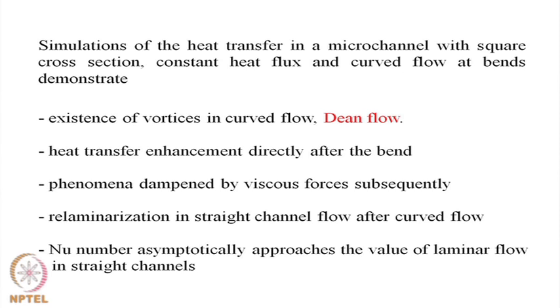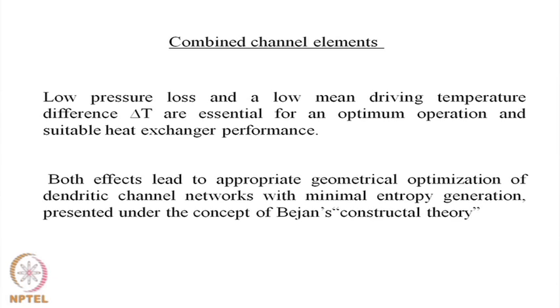So, if you have combined channel elements, then what you would want is low pressure loss and low mean driving temperature difference, so that you can enhance the performance of a heat exchanger.